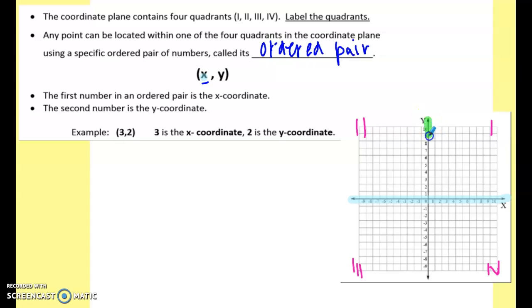That second number is my Y value, and it tells you how far up or how far down the location is. So if I had a specific ordered pair, (3, 2), 3 would be my X value, where it falls along that blue line, and 2 would be my Y value, where it falls along my vertical line.